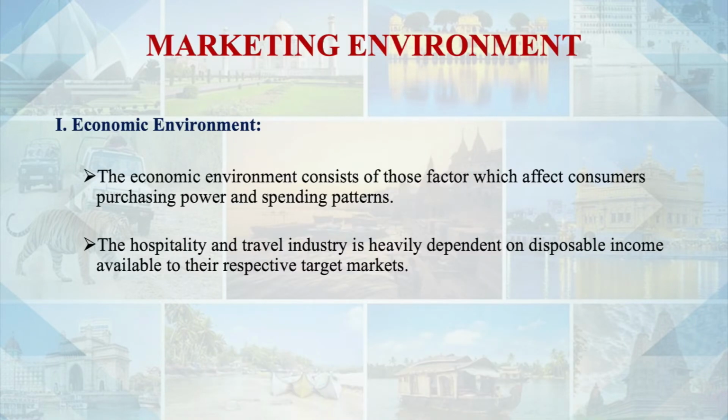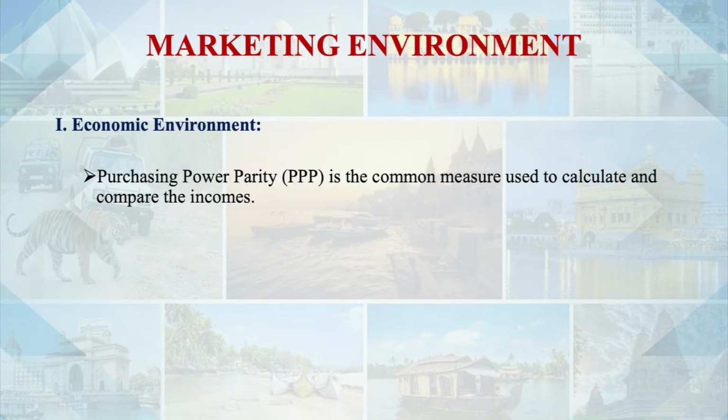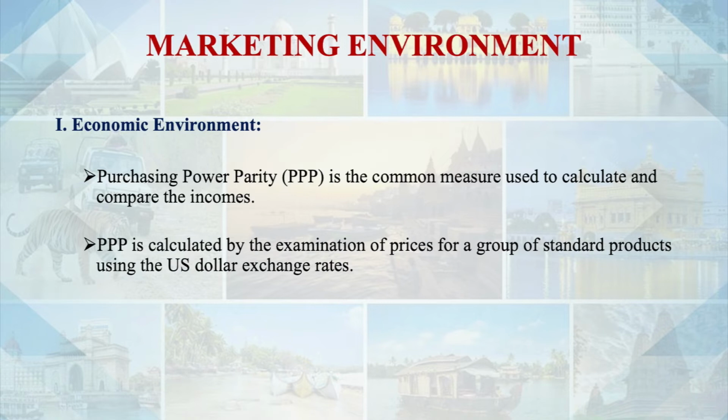The hospitality and travel industry is heavily dependent on the disposable income available to their respective target market, and purchasing power parity, also called PPP. The common measure used for this calculation is to compare income by means of US dollar and other exchange rates.